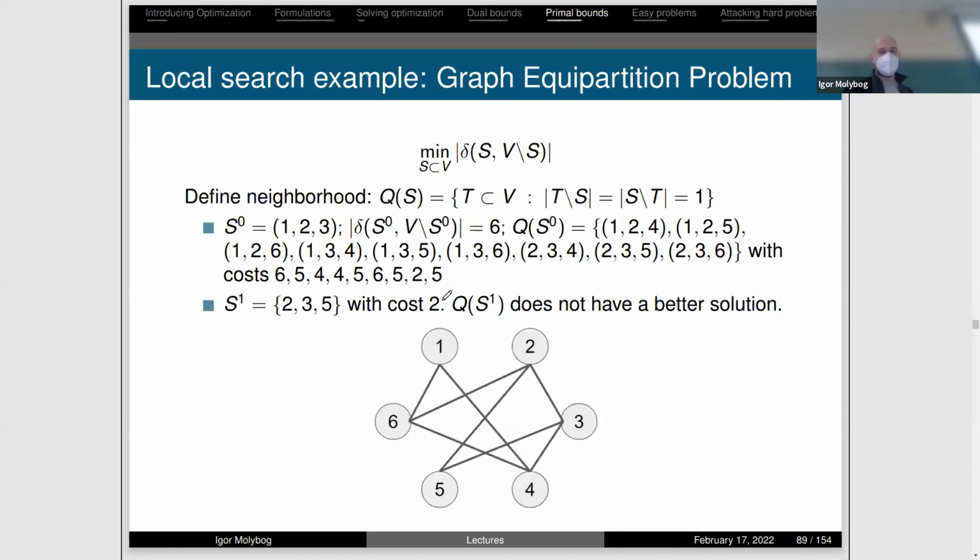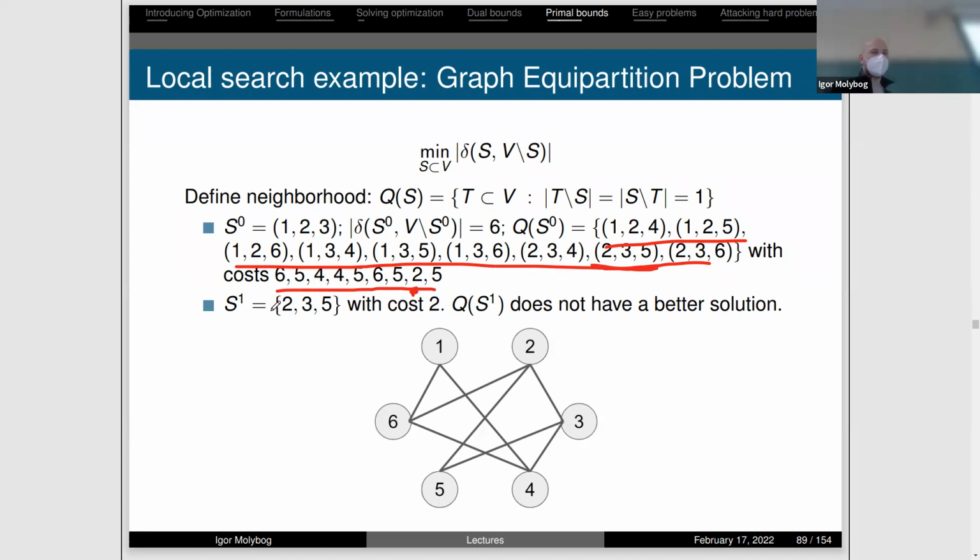Let's come back to the example once again. This is the set that I have written down, the Q of S0, and here I have written down the costs for each of these subsets. You can see that the smallest cost here is the cost of 2, for the subset 2, 3, 5.